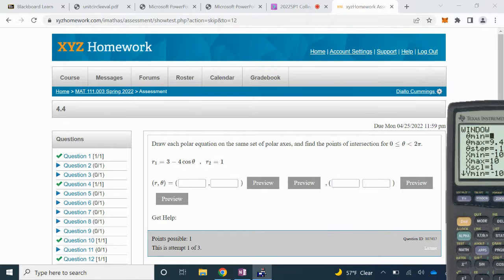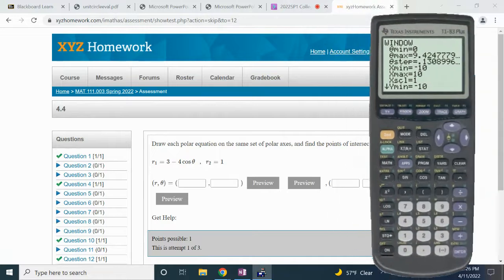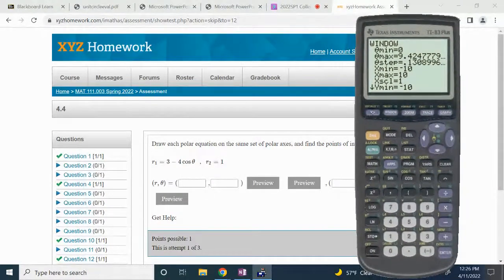So I'm given, and I'm going to write this down, r sub 1 is equal to 3 minus 4 cosine theta, and r sub 2 is equal to 1. All right, so I'm just going to graph both of those. I'm going to graph 3 minus 4 times the cosine of theta, and I'm going to graph r sub 2 is 1.